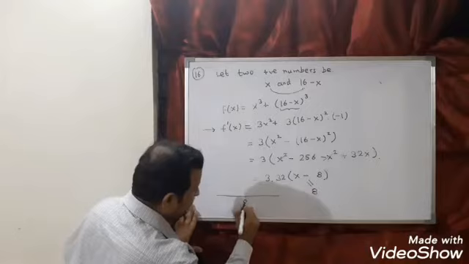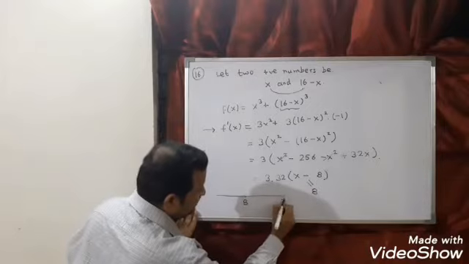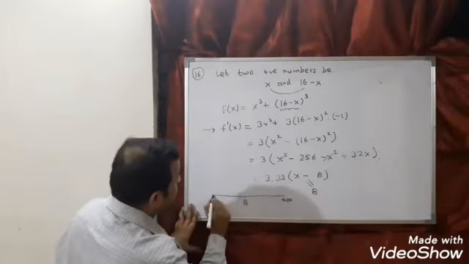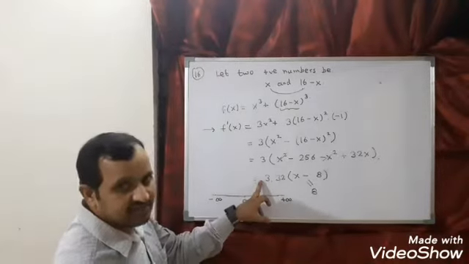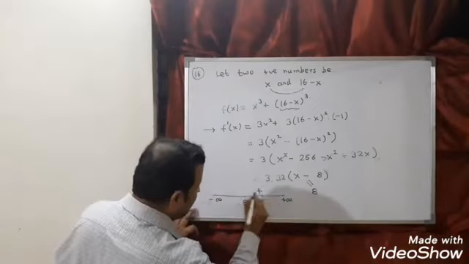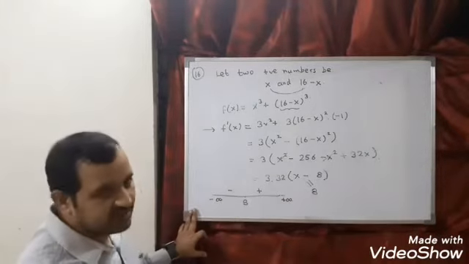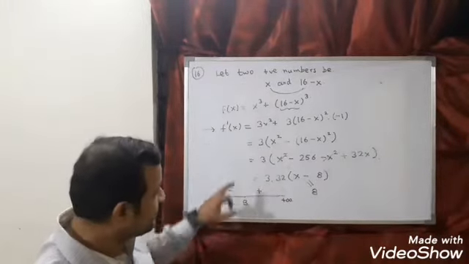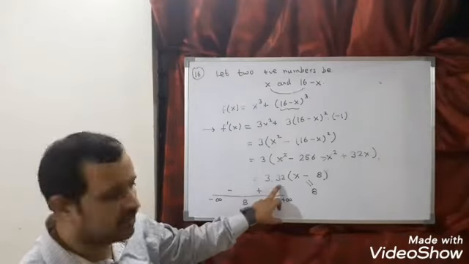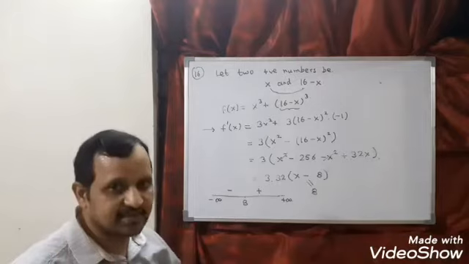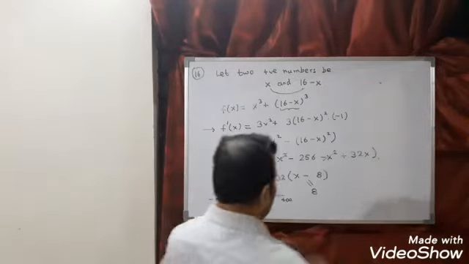So this I can say 8, this plus infinity, this minus infinity. Now what is the sign here? Plus. So here plus will come and here minus. What is given? Minimum. So you can see here also minus to plus. That means x is equal to 8 is the point of minimum.